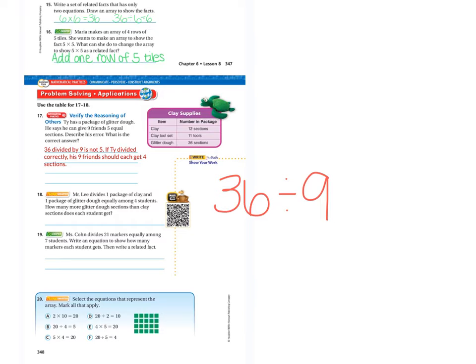You could have absolutely drawn this out, made equal groups, skip counted, or you could have thought 9 times what is 36. No matter how you do this, 36 divided by 9 is 4. So there is Ty's error. So it is not 5 equal sections. It is 4 equal sections.